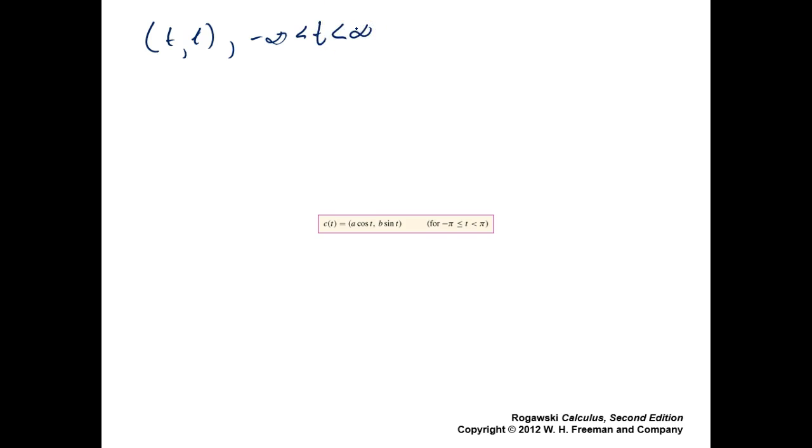Okay. Now, let's draw the graph. Might need more than that, but we'll see if we can get by with it. Okay, give me a t. 1? Okay. And then what would be your coordinates here?